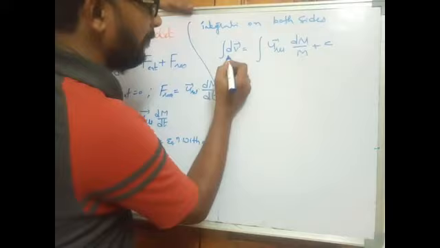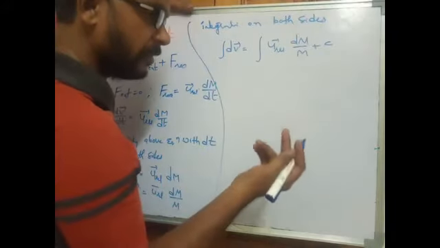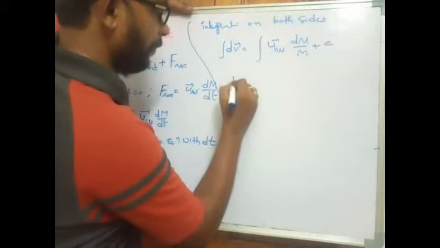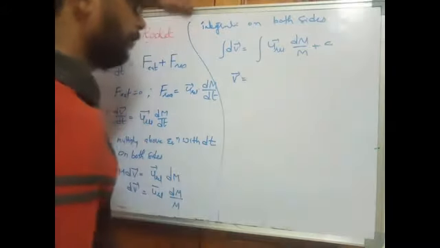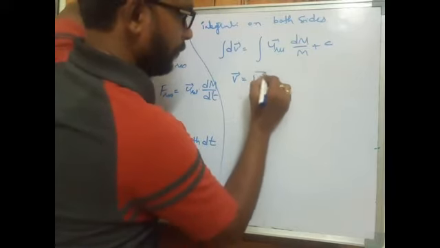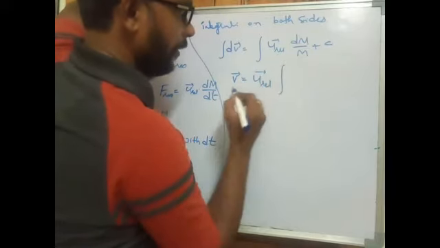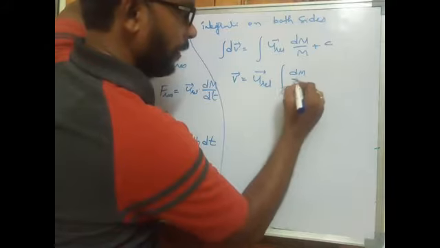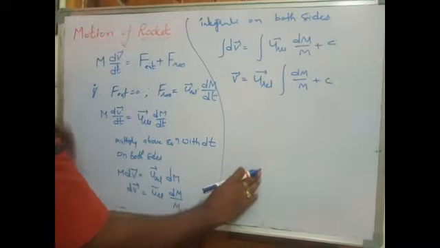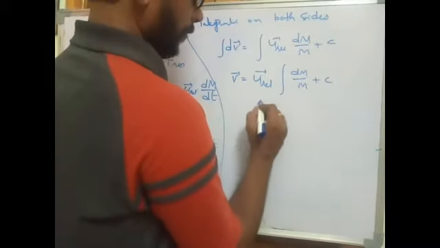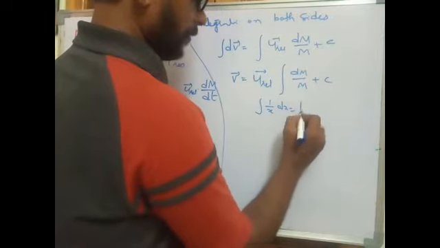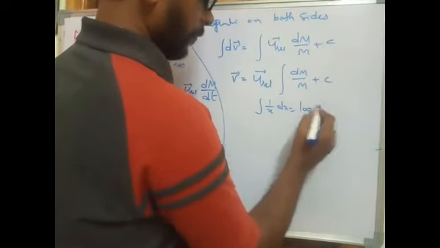Now the integration of dv is v, just as the integration of dx is x. Similarly here we get v bar equal to u relative, which is constant, written outside the integral, dm by m plus c. We know that the integral of 1 by x dx is log x.